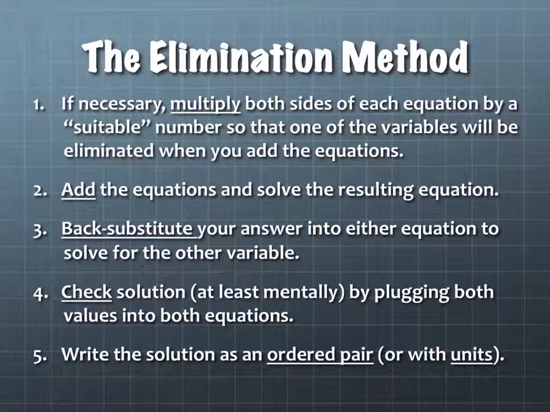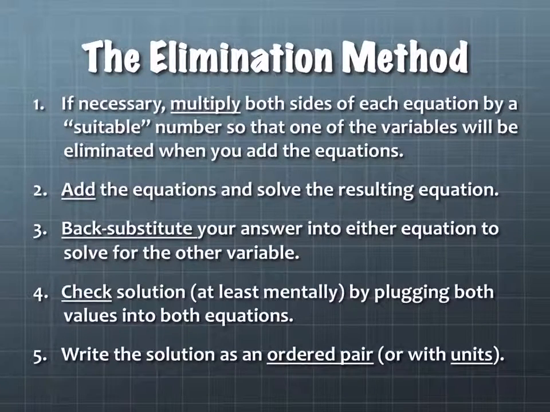After you've done the multiplication, you add the two equations together. That's why this is sometimes called the addition method. But what happens is that when you add the two equations together, one of the variables gets eliminated. That's why they call it the elimination method. Okay? Once you get that, you're going to have one variable remaining that you can solve the equation for.